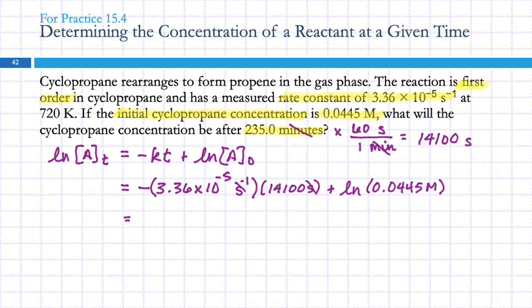I'm pressing the EE button, which stands for times 10 to the, and then I put in negative 5. And then that is times 14100 plus the natural log of 0.0445. Enter.